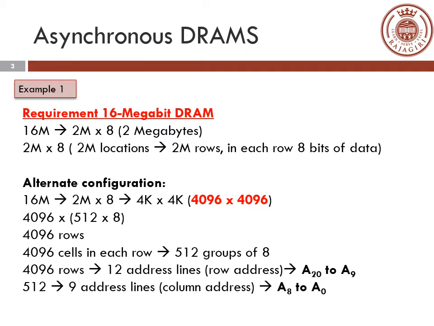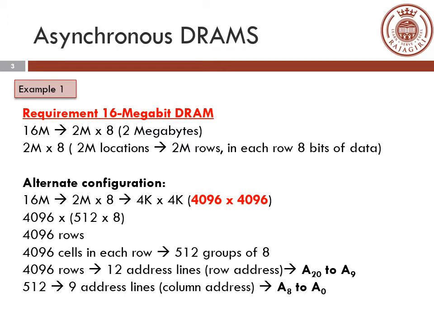And these 4096 cells are divided into different groups. Take 4096 and divide by 8, you will get 512 groups. So you are having 4096 rows, in each row 4096 columns, and each row is divided into 512 groups, and in each group you are going to have 8 cells.